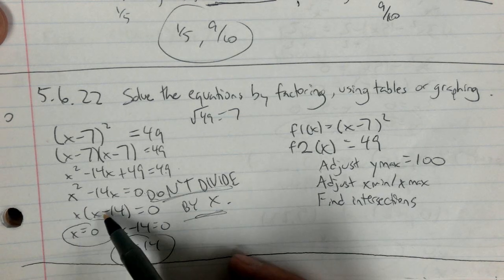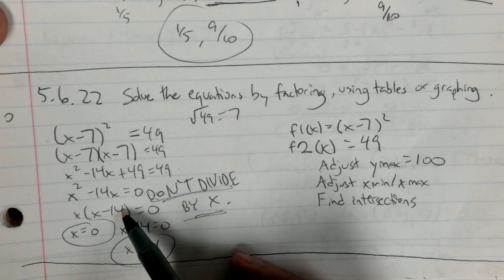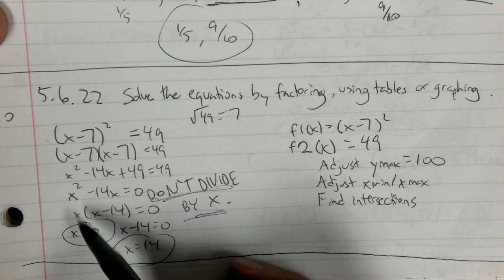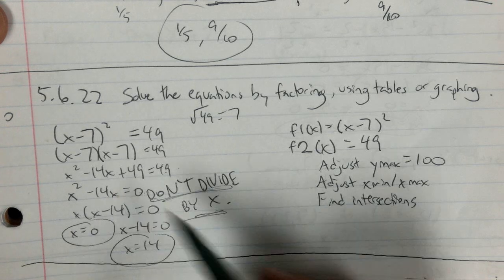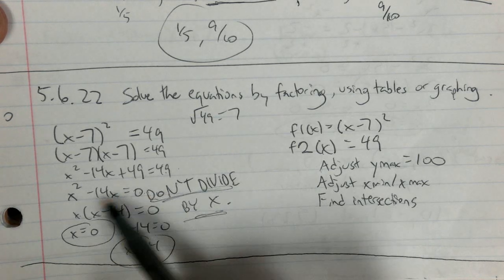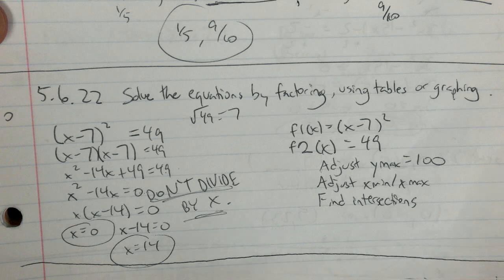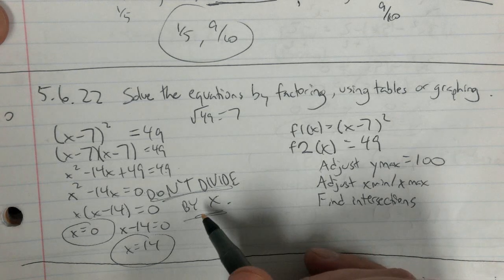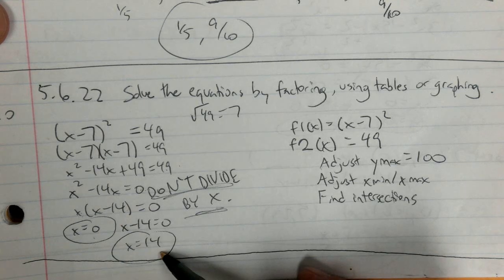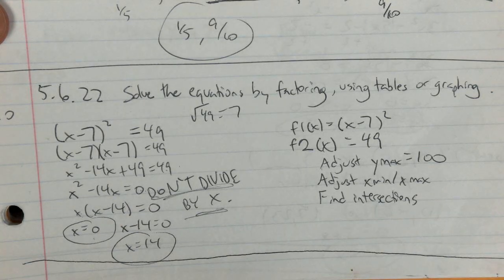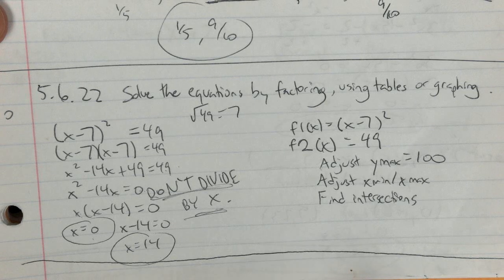So x times x minus 14, because x times x is x squared, x times negative 14 is negative 14x. If you divide out that x, then you're going to mess up. You're only going to get half credit. So x is 0 as an answer, and x equals 14 as an answer. So those are your two answers.